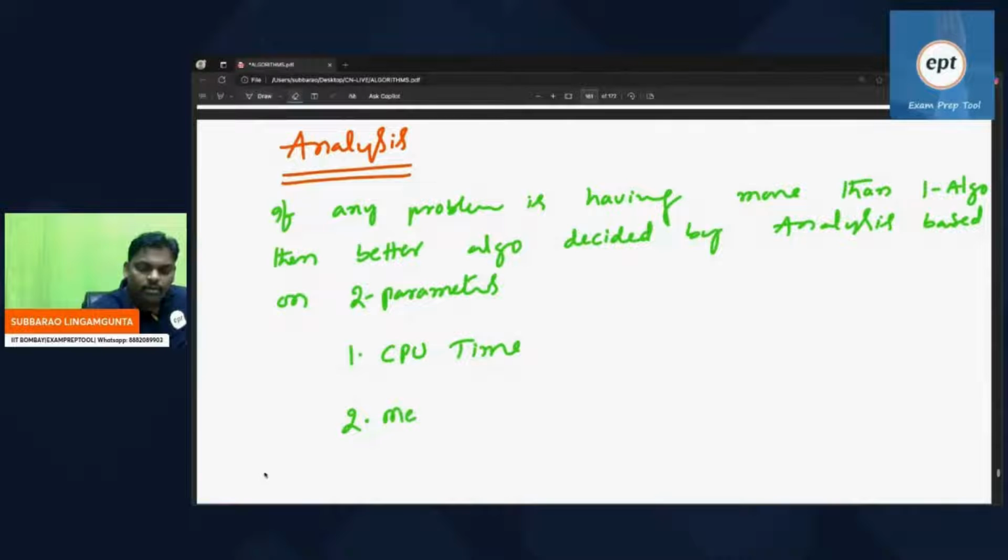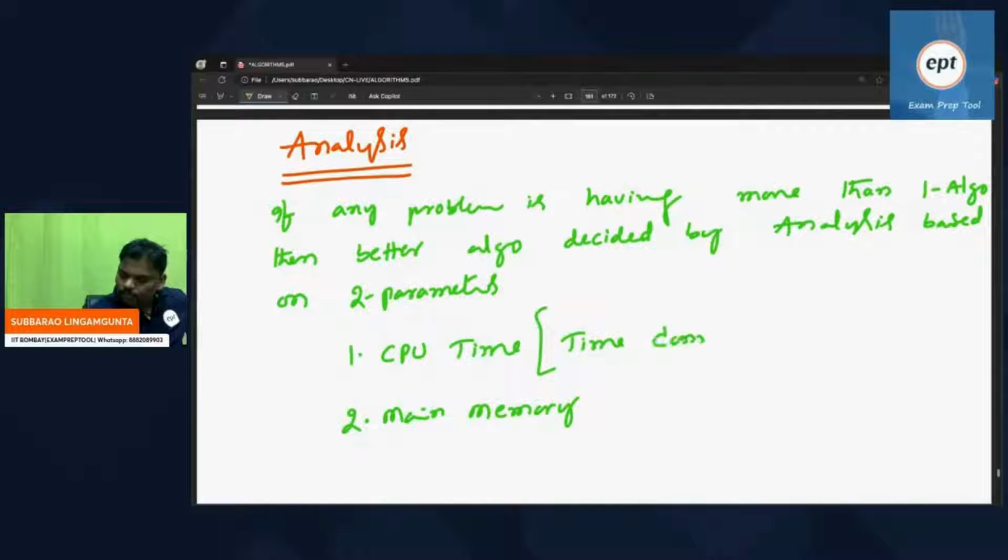How much main memory it is taking? Based on two factors: how much CPU time it is taking, and how much main memory it is taking. How much CPU time it is taking, that is called time complexity.